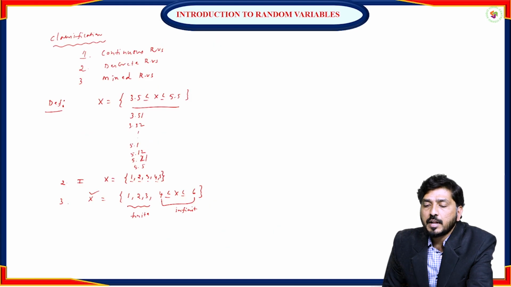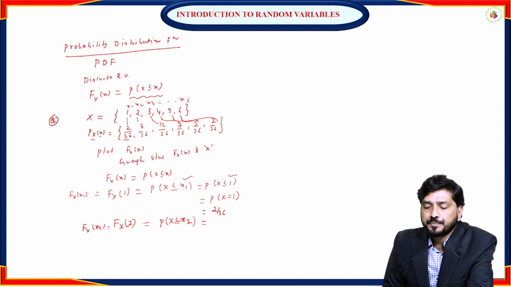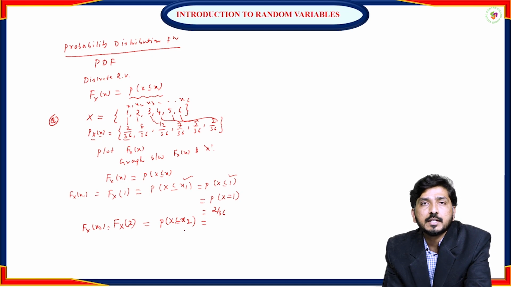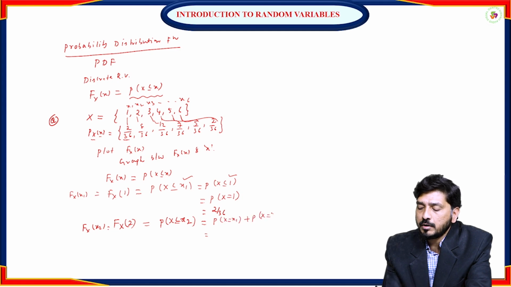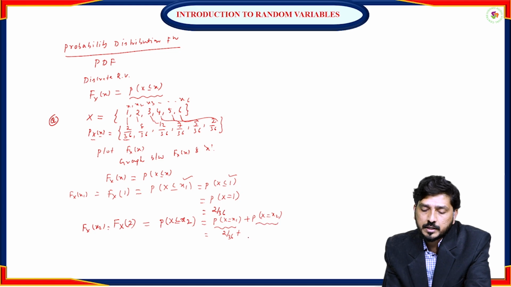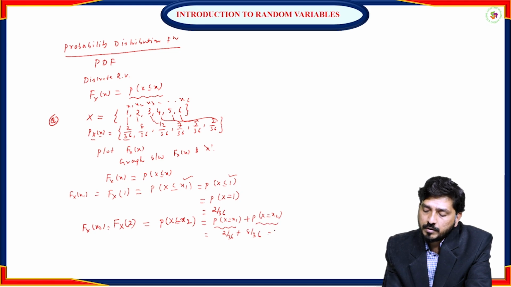The same thing applies here. Probability X less than or equal to x2 is probability X equal to x1 plus probability X equal to x2. The first is 2 by 36 and the second, at X equal to 2, is 8 by 36. The total value is 10 by 36.